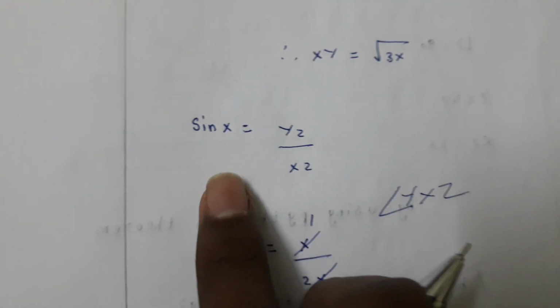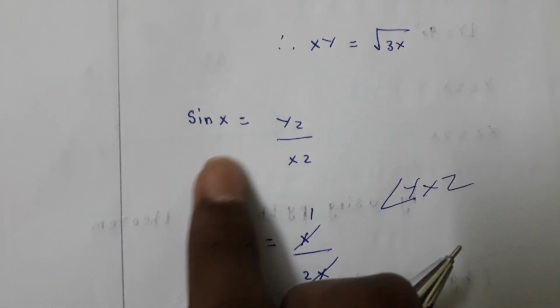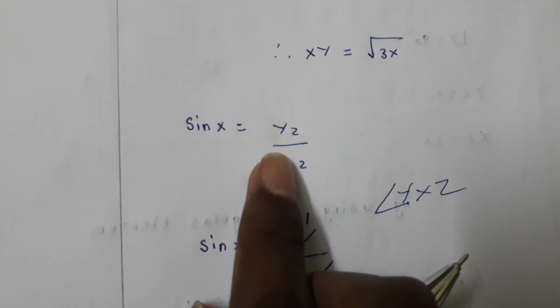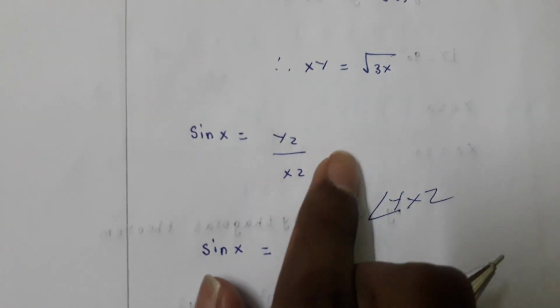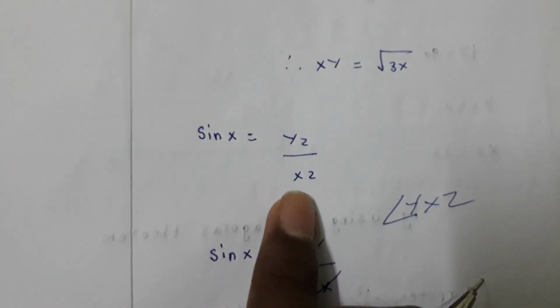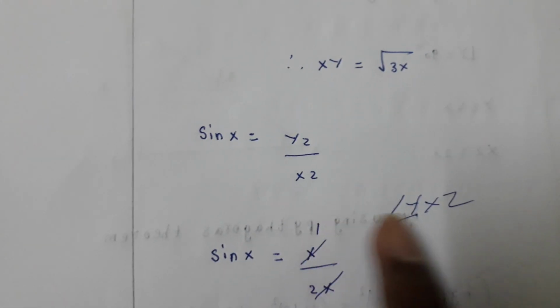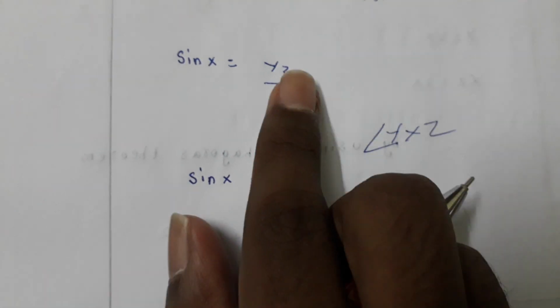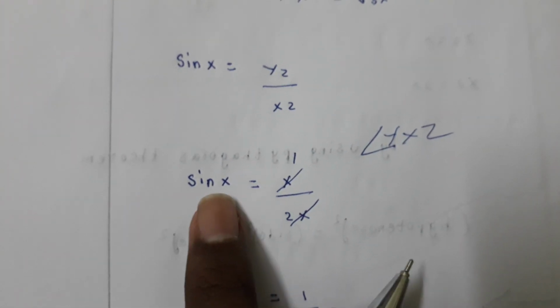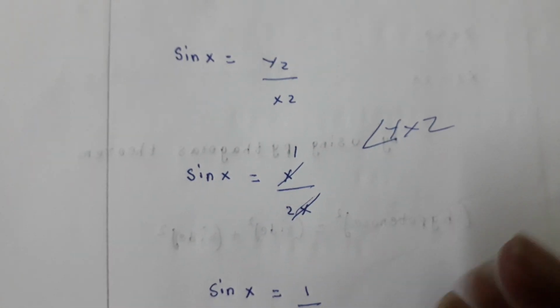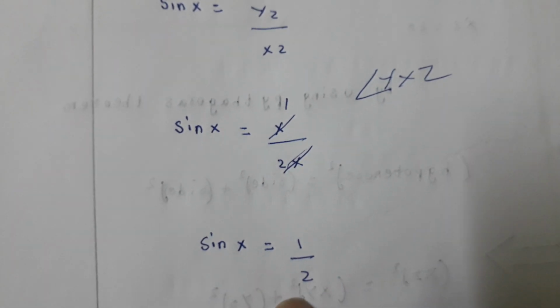So I took the sine now. Sin x is equal to YZ, which is opposite to x, by XZ, which is the hypotenuse. YZ means x, so sin x is equal to x by 2x. So x will be cancelled one time, and it will become 1 by 2.